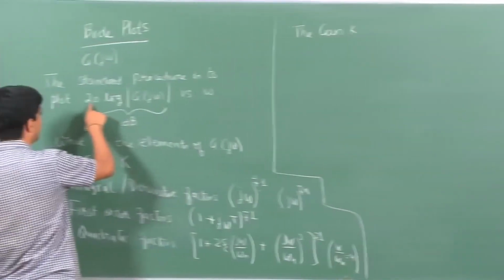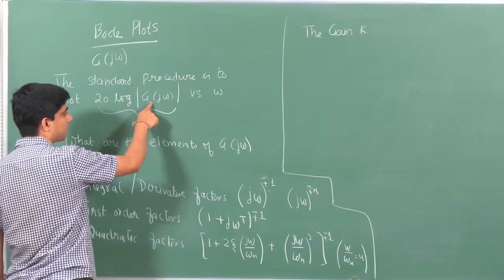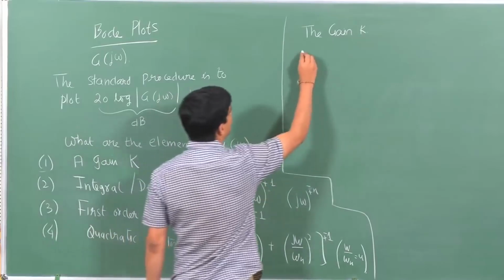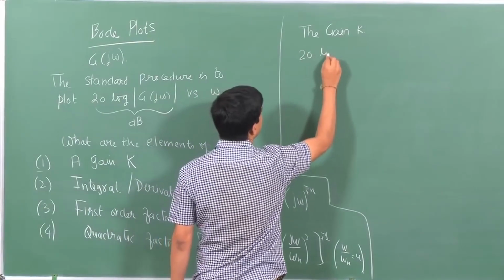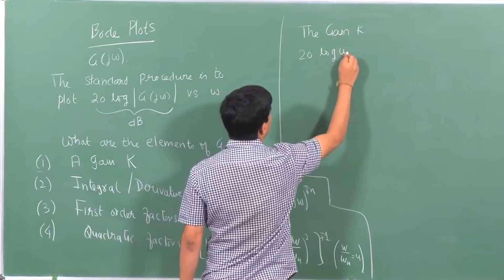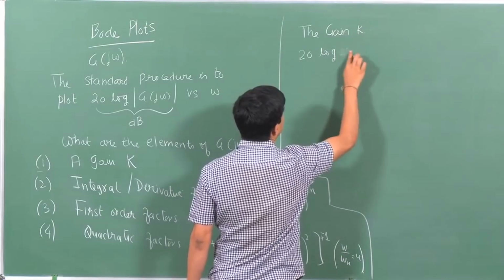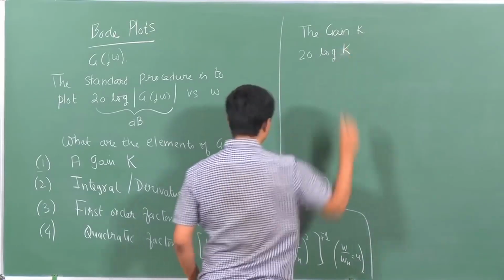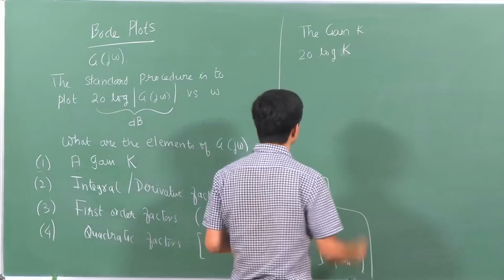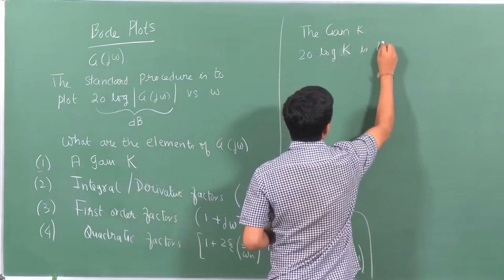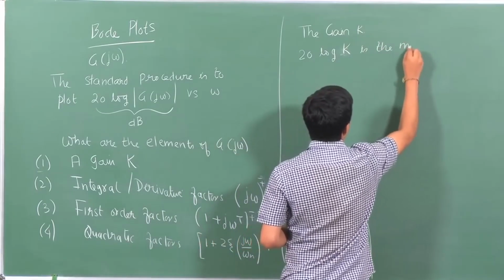We take 20 log of the magnitude, which is simply K. This will represent the magnitude curve.